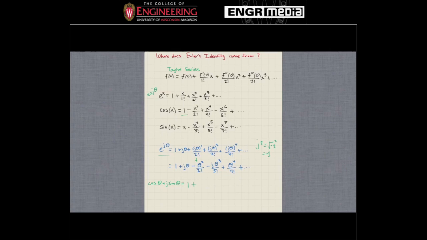And then for the next term, let's borrow from the sine: j times sine of theta, that first term should just be j times theta, right? Okay. And then let's go back. We've taken both this term, we cross that out for bookkeeping, cross this one out for bookkeeping. Now let's take this term.